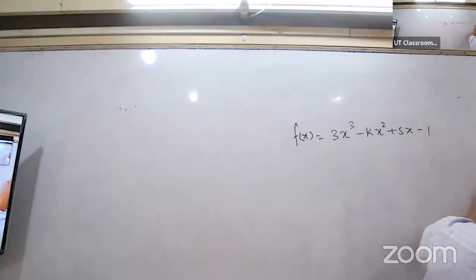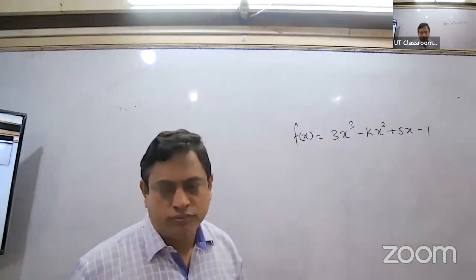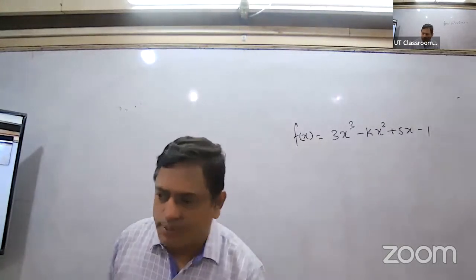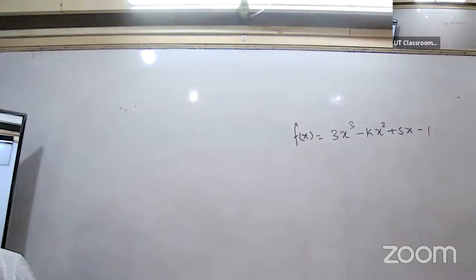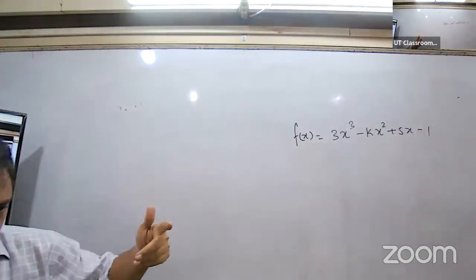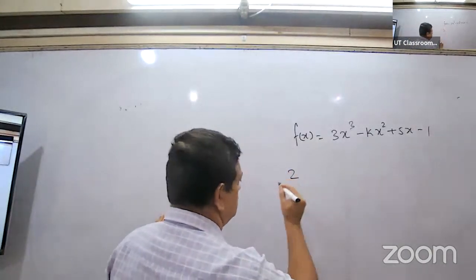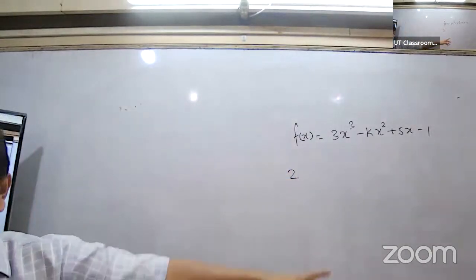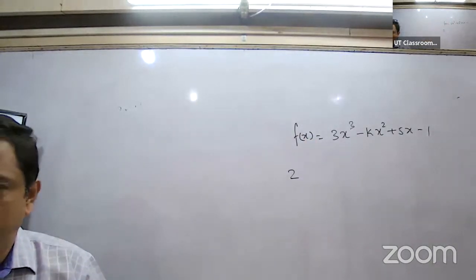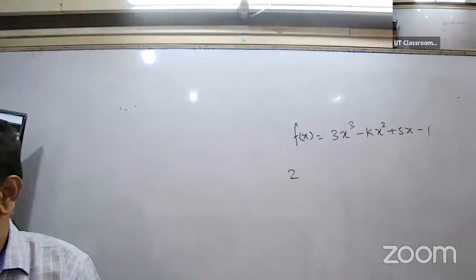Are you following? Who can explain how to do it? Think and tell, use your brain and tell me. This has one zero, what is it? 2 is one zero now. That means, what is the meaning of zero of the polynomial?